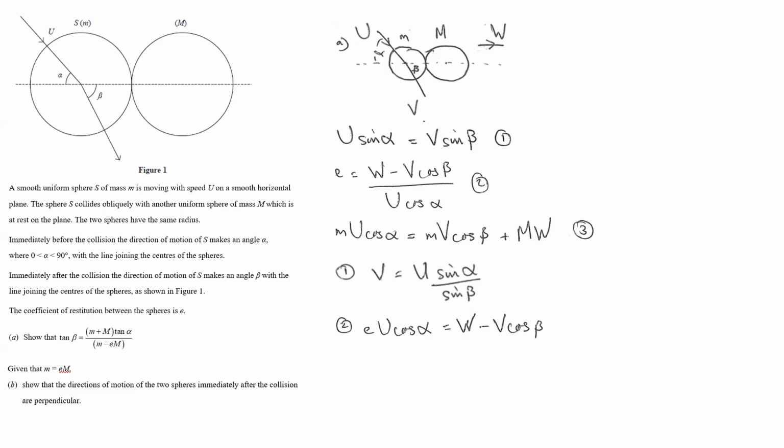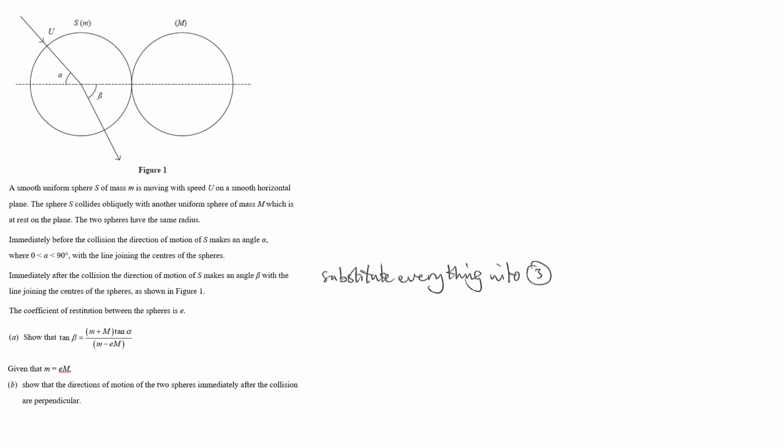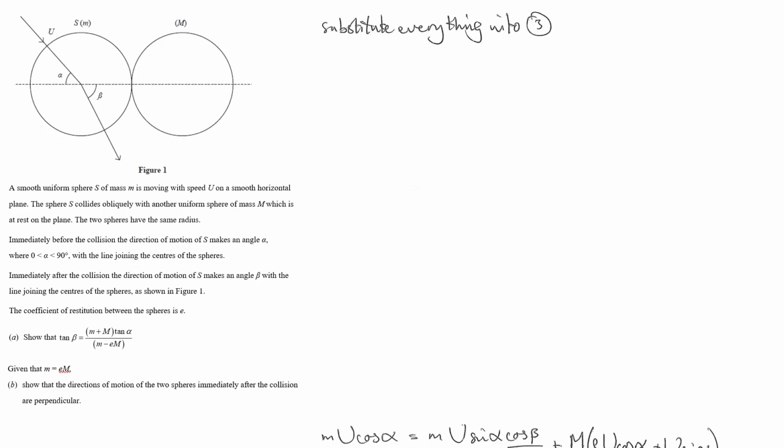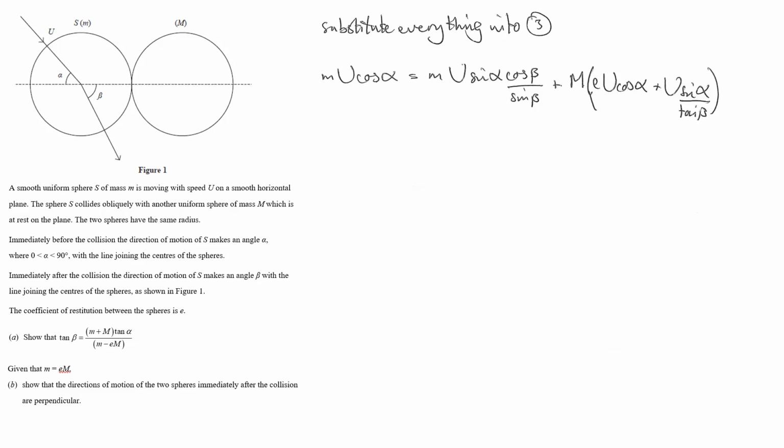Now equation 2, I thought I was going to make w the subject, so I can substitute that. So the v is in terms of u and the w is in terms of u. So I'll substitute everything into equation 3. Every term has got a u in there, so I can divide through by u. Right, you want it to look like that.